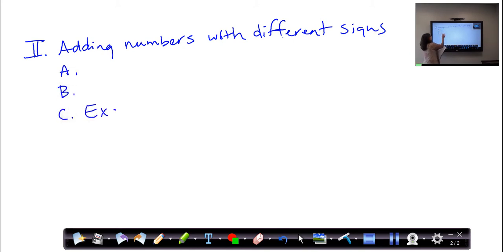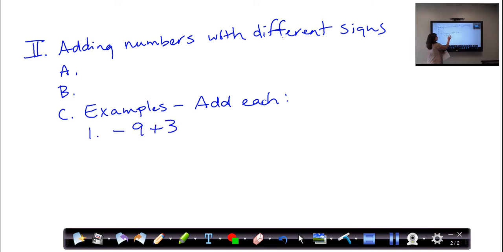I want to take a look at some examples first. And we're still going to add. Okay. So this time I have a negative 9 plus 3.